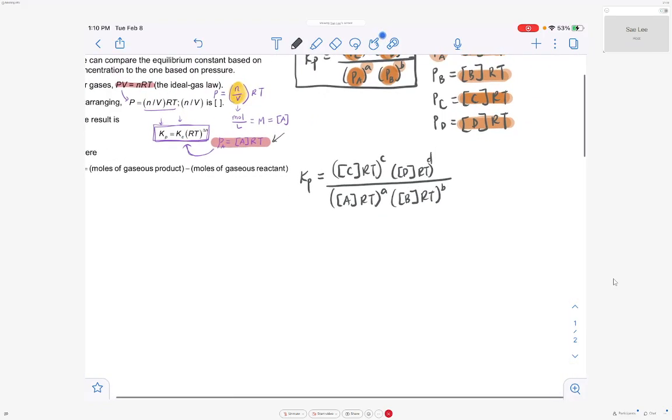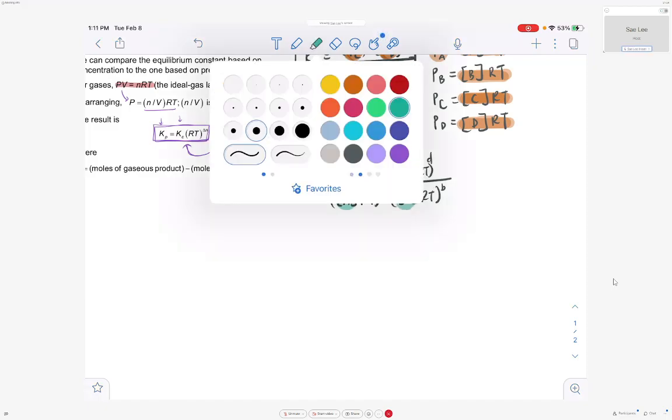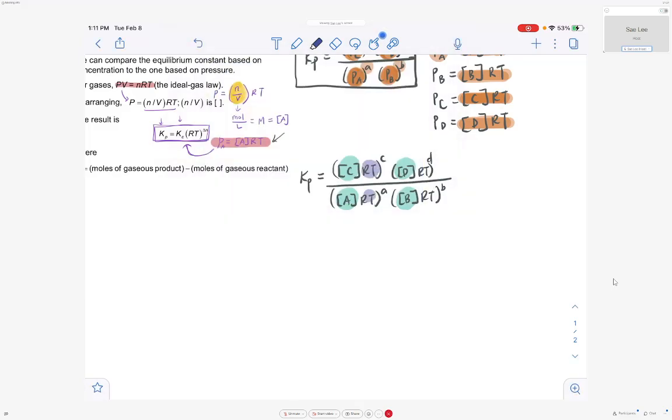What we see from this equation is that we have a bunch of concentrations and a bunch of RTs. So let's rearrange this equation a little bit.